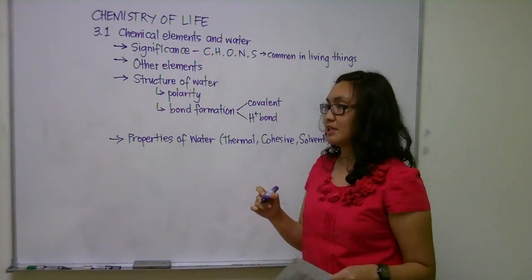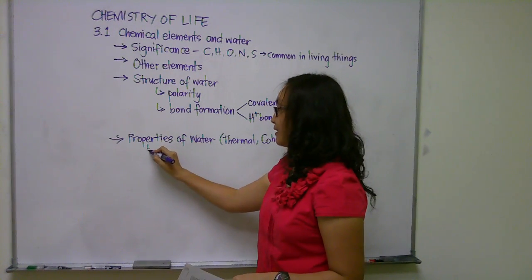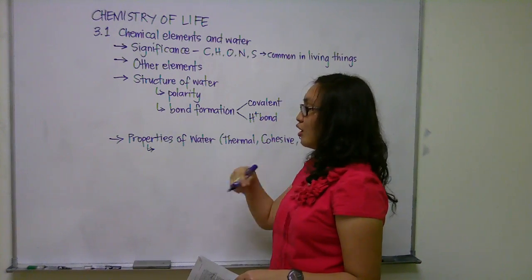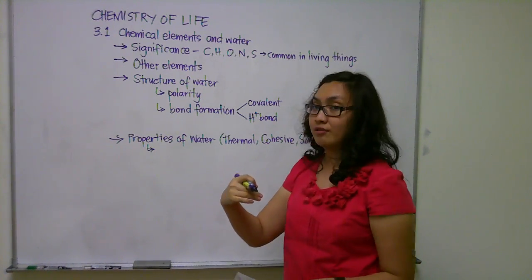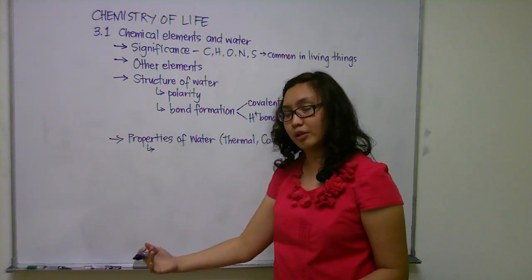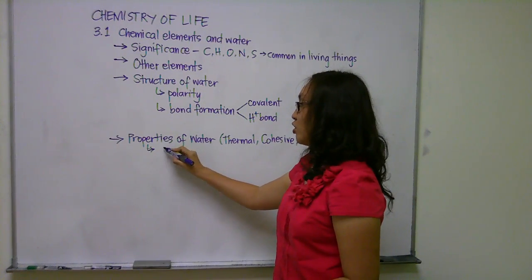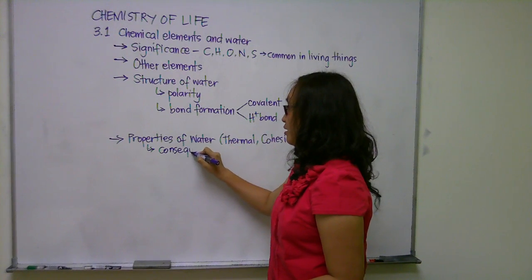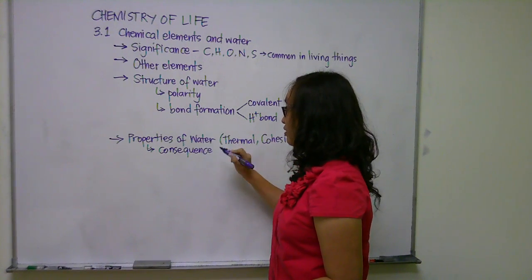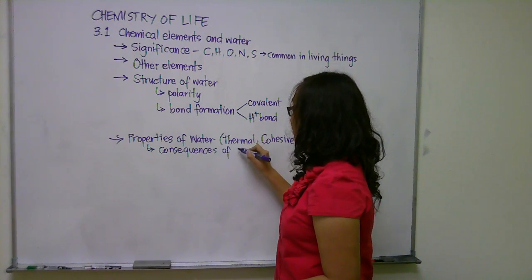So under the properties of water, by explaining the structure of the water molecule and the interaction of a water molecule with other water molecules, you can show the consequences that are given by the structure.